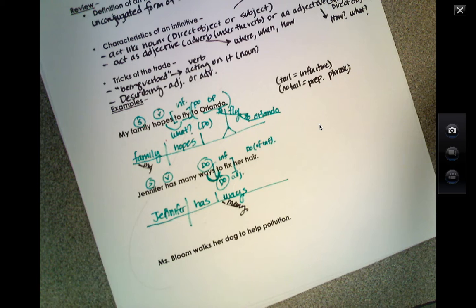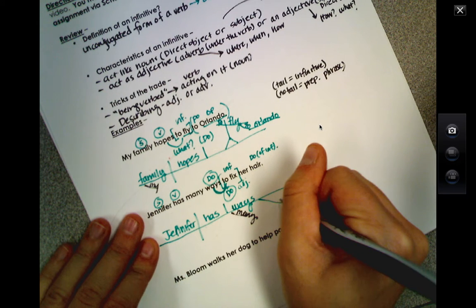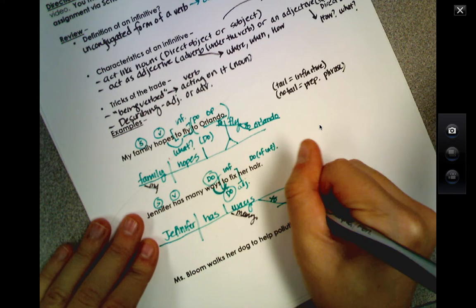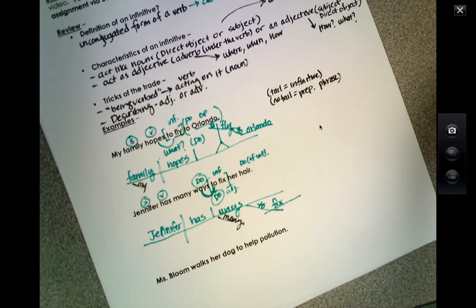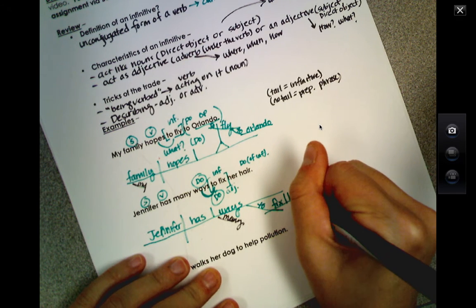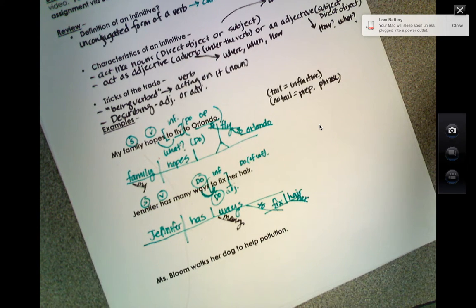And then our infinitive is going to go right here. Because this is a direct object of the infinitive, you're going to put a line right there, and you're going to put it right there, and then her there. I know, it's getting crazy.